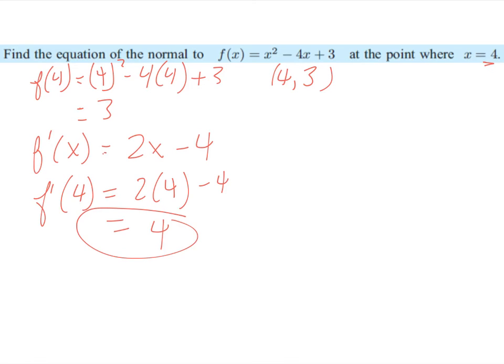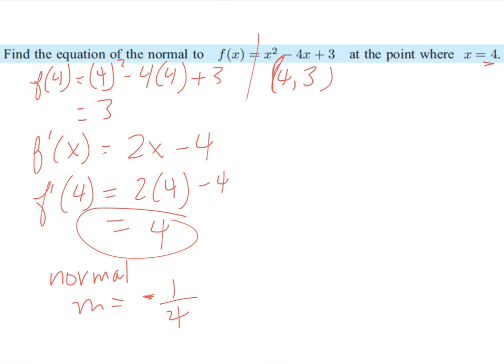So then the normal still goes through this same point that our tangent line goes through, but instead of having a slope of 4, the normal has the slope of -1 over 4 because it's a negative reciprocal.